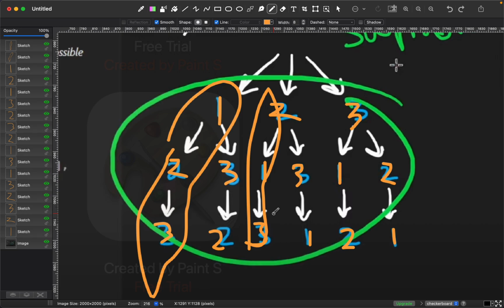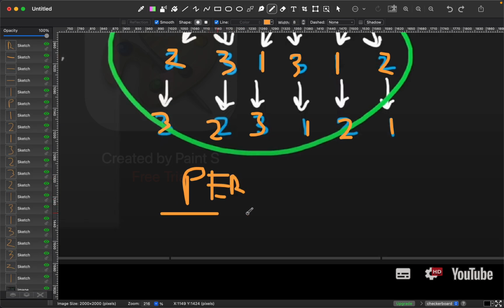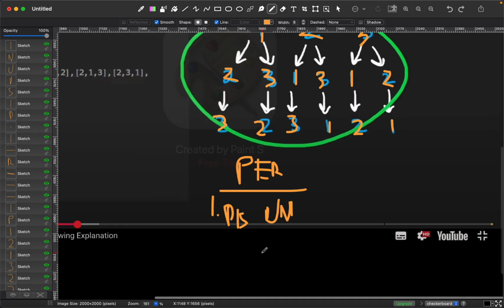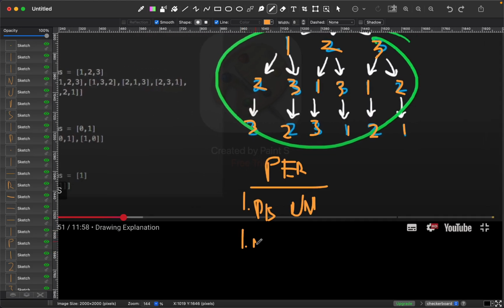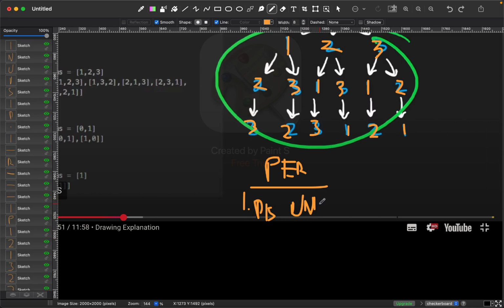It's just in a different order, and that's one of the properties of permutation, which is that you disregard unique values, and you still calculate the maximum number of combinations in the whole entirety of the thing.